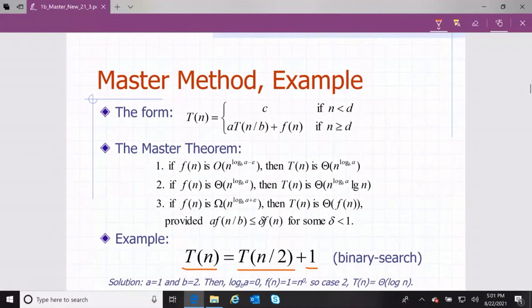This one we have seen in data structures, which is binary search. The reason for that, I have put here. I don't have enough time to explain to you in detail. You can read it. T(n) will be exactly log n.